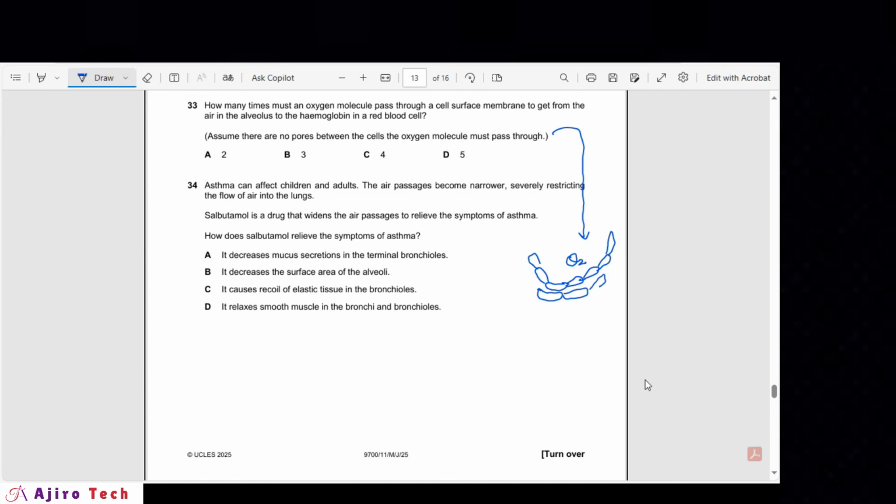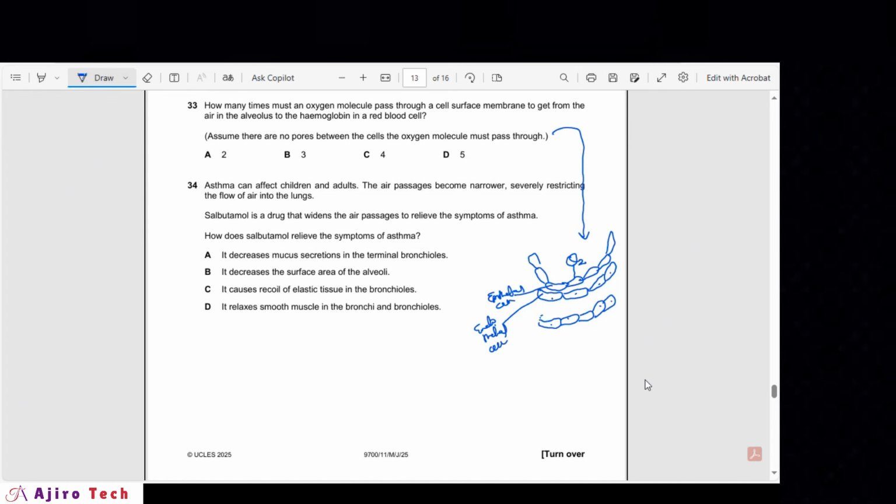Here we are looking at the endothelium of the capillary, the endothelial cells that line the wall of the capillary.